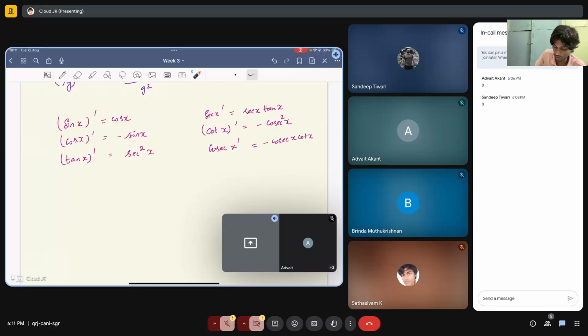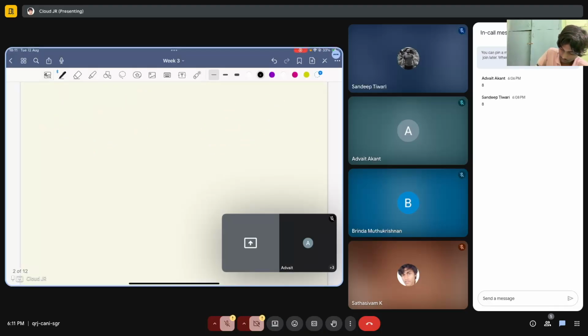This one has to be proved, but for now I will just assume that the derivative of sin x is cos x, and then we'll try to prove the rest. Now let's try to find the derivative of cos x.